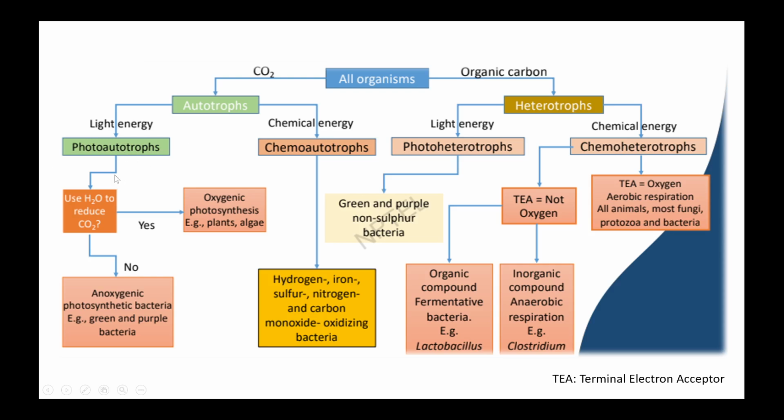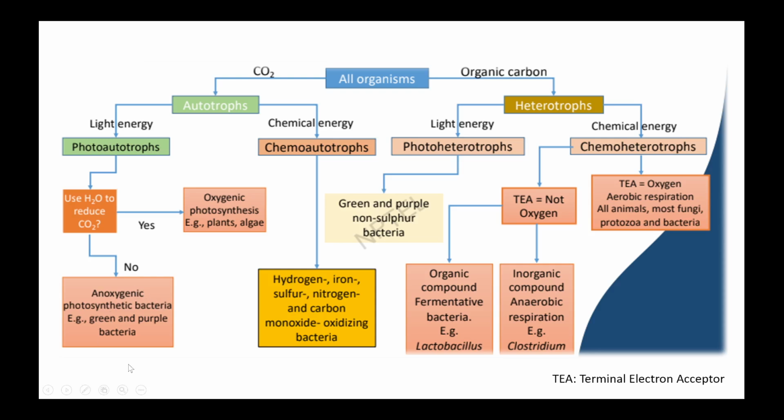Then in photoautotrophs, if they use H2O to reduce the carbon dioxide, oxygenic photosynthesis will occur. In the absence of oxygen, anoxygenic photosynthesis will occur.